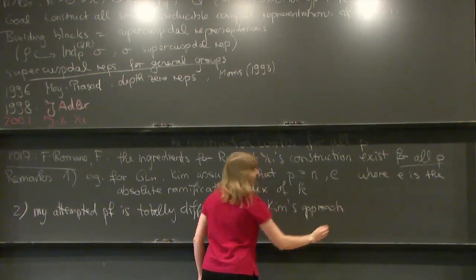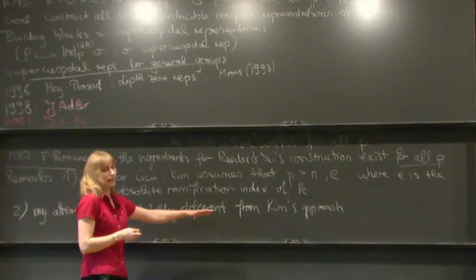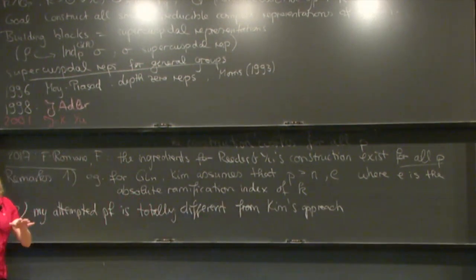What Julie Kim does, she uses the Plancherel theorem and harmonic analysis and uses the exponential map to work on the Lie algebra and then transfer things to the group.